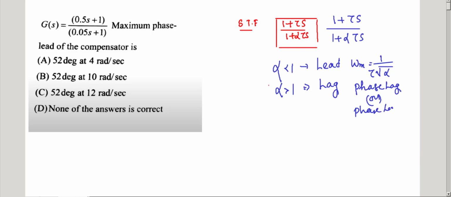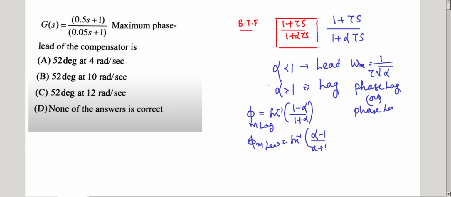Next, the angle at which maximum phase lag occurs is sin inverse of 1 minus alpha by 1 plus alpha. Lead occurs at sin inverse of 1 minus alpha by 1 plus alpha. Just keeping this is enough. Lead-lag compensator is very easy.